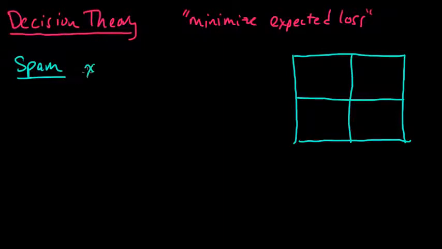So you get some input X, and X may be the text of the email, for example, and you want to predict whether it's spam or not spam. So Y would be, say, 1 if it's not spam and 0 if it's spam. So Y would be a class, and we want to predict Y with our prediction Y hat.